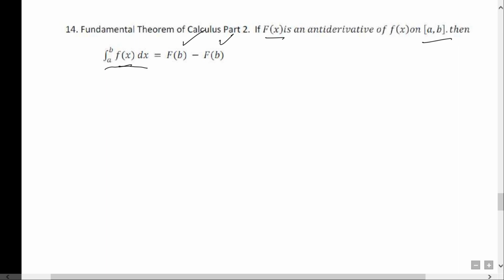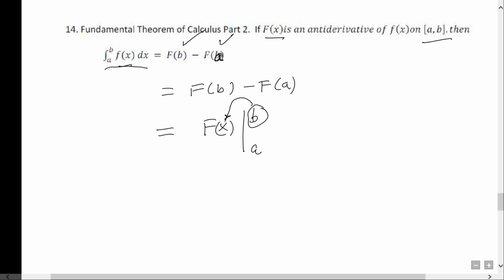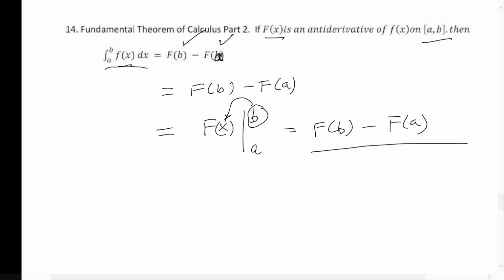I just noticed an error here. So it's F of b minus F of a. And as you know, we sometimes write this as F of x from a to b, which means you put b in first and then put a in and subtract it from F of b. And this is what we use to calculate the area under curves and calculate definite integrals.